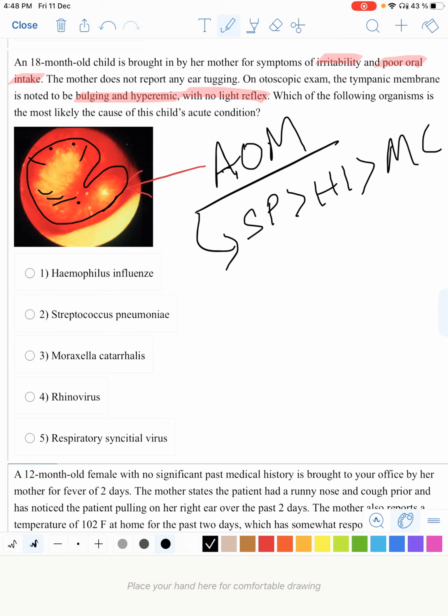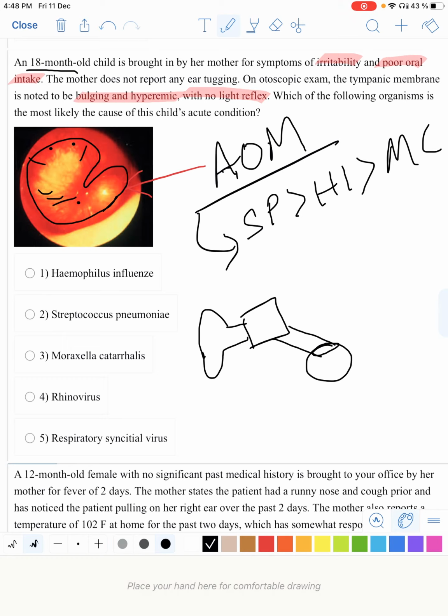So why did they say 18 months? It is common in children because, if you go back to the first question as we discussed there, the infection moves from the nasopharynx to the middle ear with the help of a tube, that is the Eustachian tube.